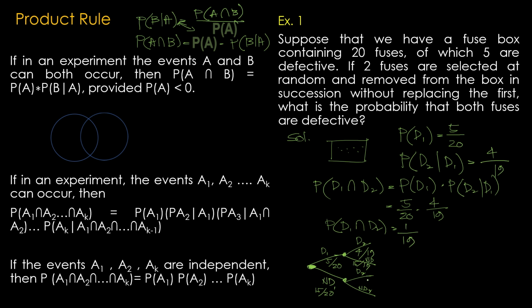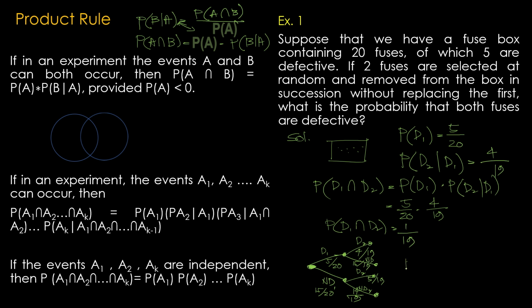The probability of D2 is equal to 5 over 19. And if it is ND for the second time, that will be equal to 15 minus 1, so 14 over 19, because one non-defective was removed in the first draw.